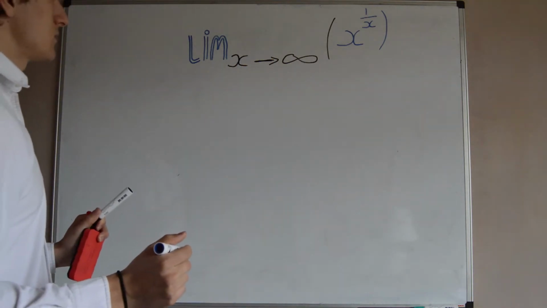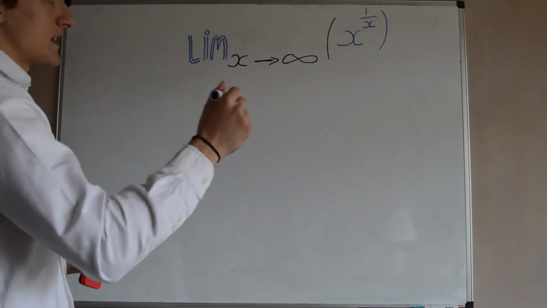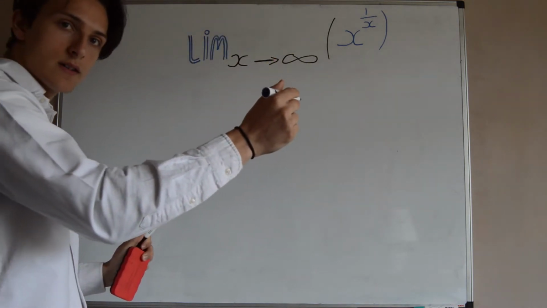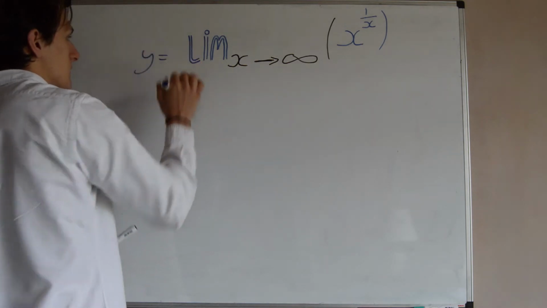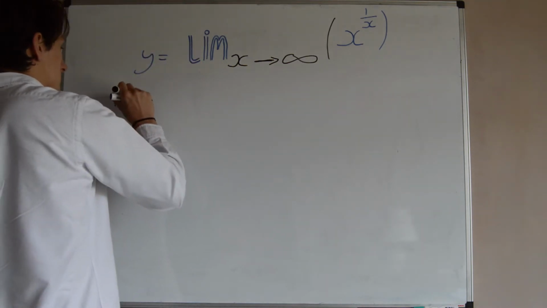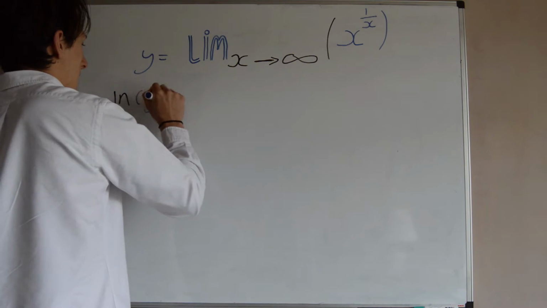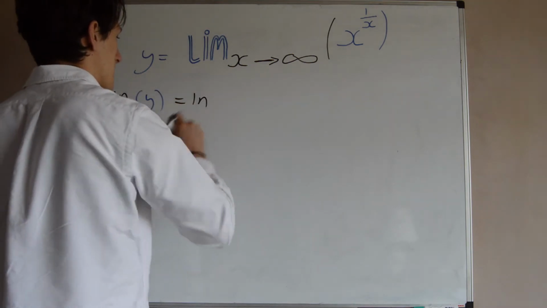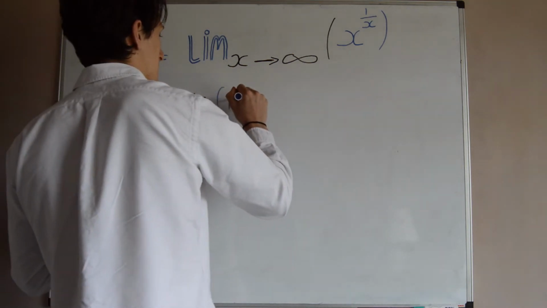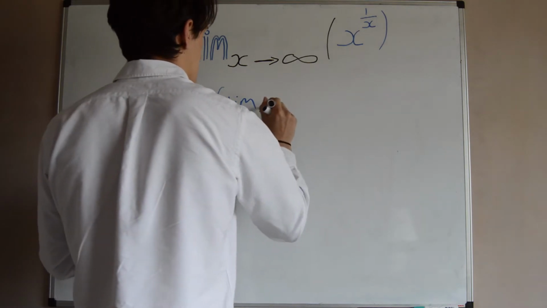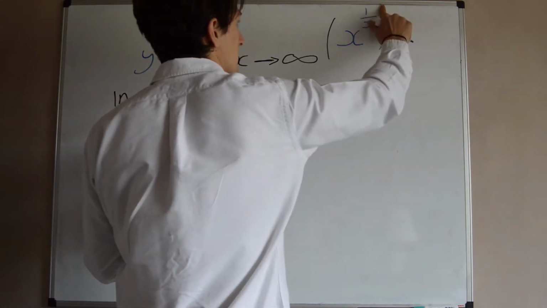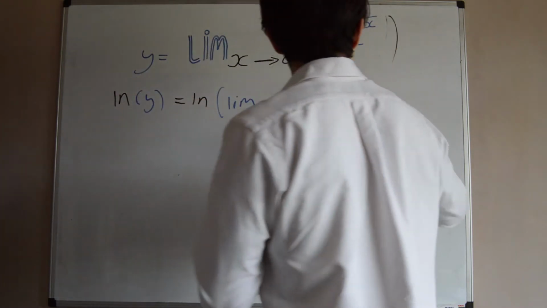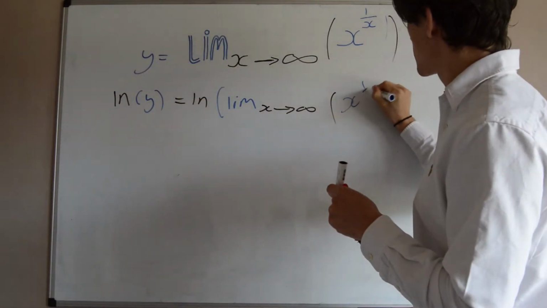Okay, so what might be nice to do, because we have that power, is to take the natural logs. So we just say that this is y, and then take the natural log of both sides. As this goes to infinity of x to the 1 over x.